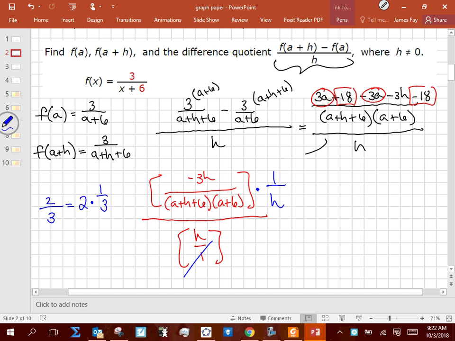Absolutely, right? Okay, so division is the same as multiplying by a reciprocal, okay? So that's how we're going to address division of fractions. What happens with this h here in the bottom and this h in the top? They're going to cancel. And now I'm left with -3 times 1 up top, so you get -3. And on the bottom, I'm left with a plus h plus 6, and a plus 6. And that would be my end result for that difference function. Okay?